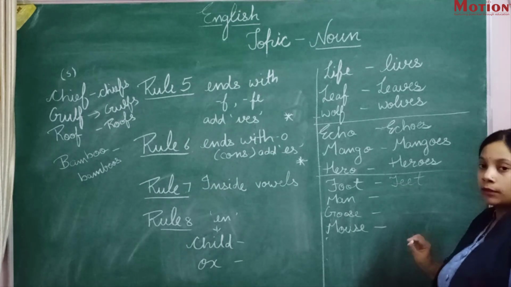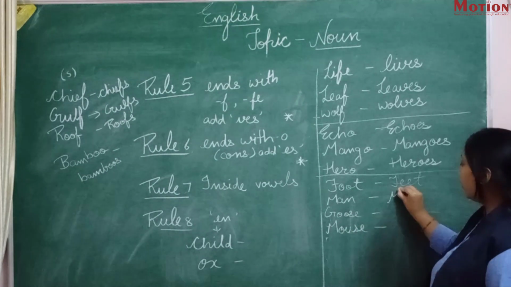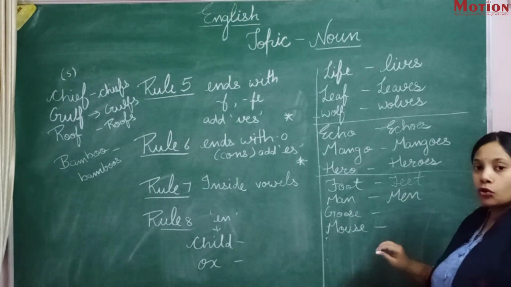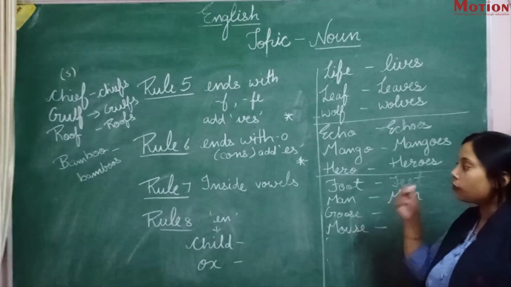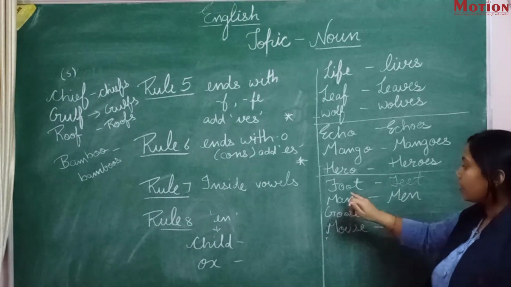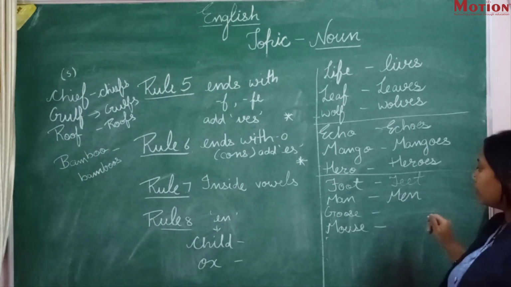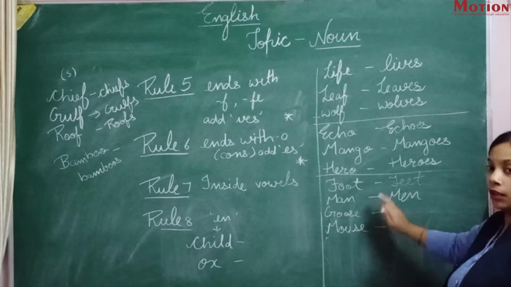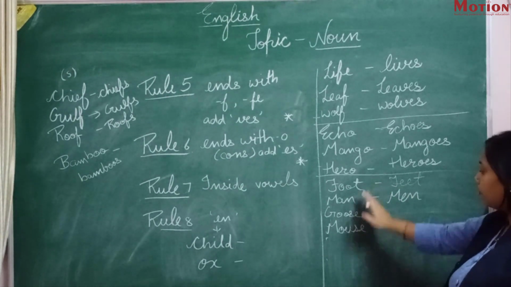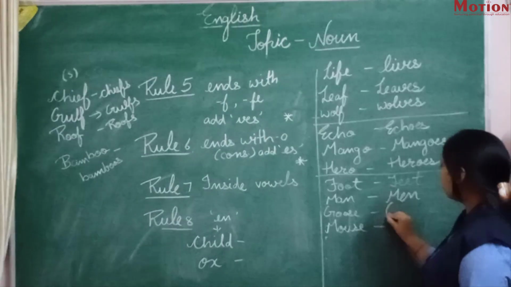Foot, feet. Okay, man. There is no rule for these words, but we have to just use our common sense and use different words for making plurals. Okay, goose, geese.